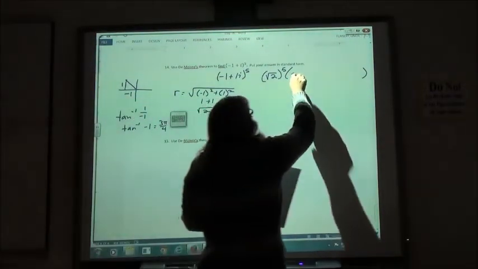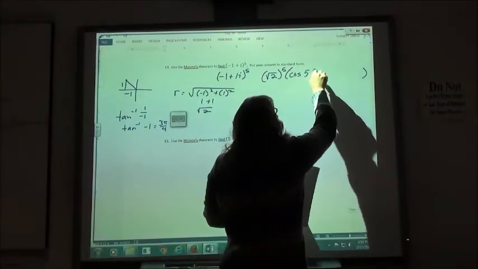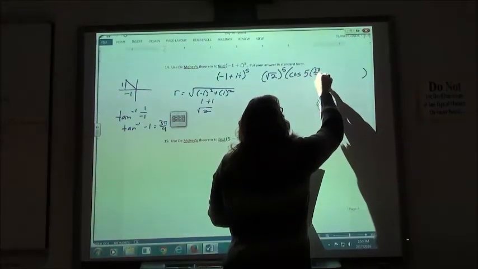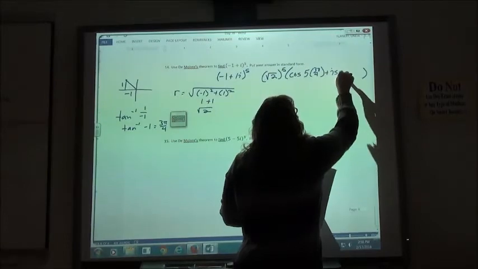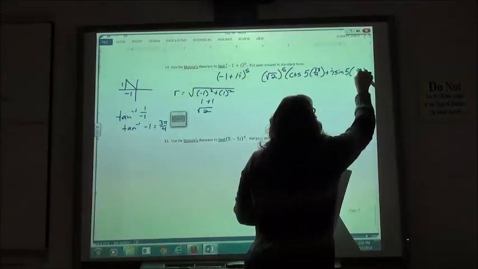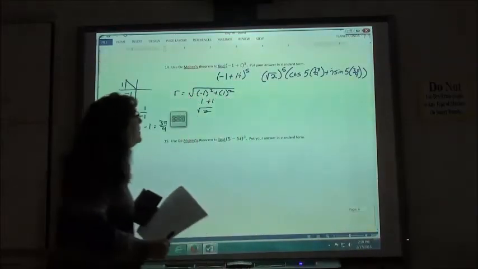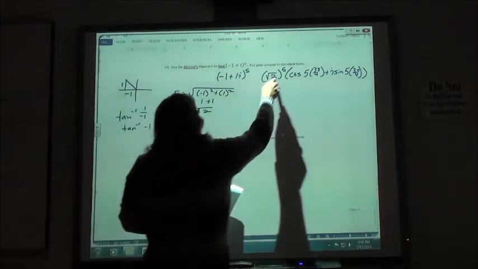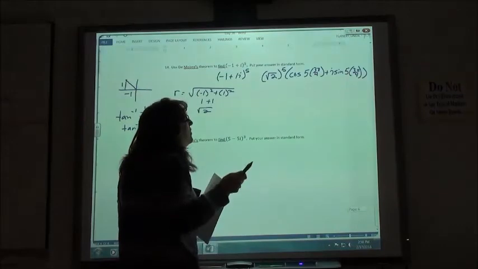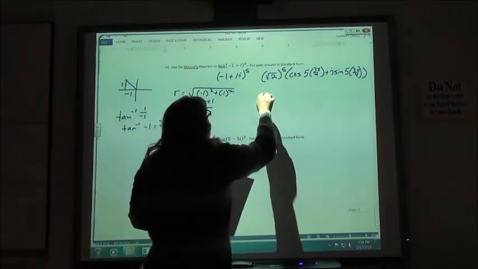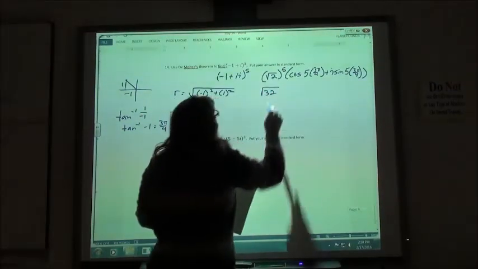So I'm going to have cosine of 5 times 3 pi over 4 plus i sine of 5 times 3 pi over 4. So first of all, if I do the square root of 2 to the 5th power, 2 to the 5th power is 32. So I'm going to have square root of 32.